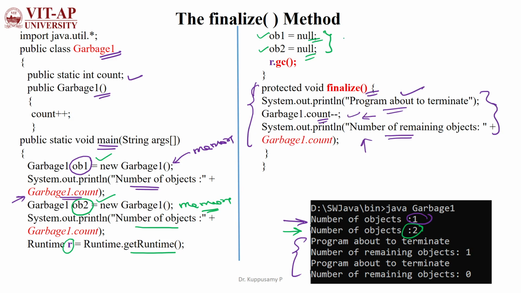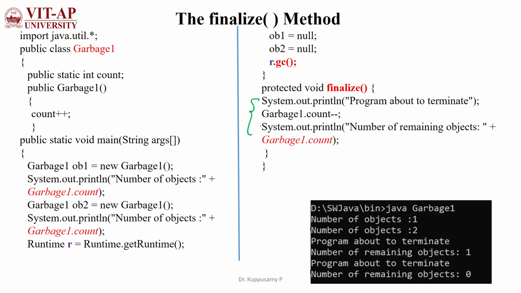After that, these two objects become unreachable. Once they become unreachable, we can apply the garbage collection method to reclaim the memory space allotted to ob1 and ob2. Here we are using the finalize method to perform some actions, just notifications. The notification is given to the user: program about to terminate.